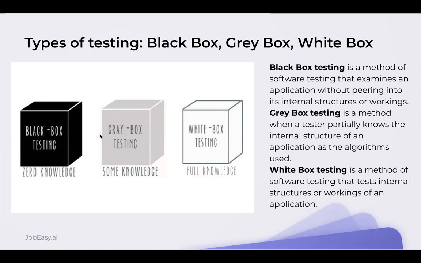So gray box testing is when you have some knowledge about the internal structure of the application or its algorithms, and you can actually use it in order to test things. Now, white box testing, or some people call it clear box testing. This is when we actually know everything about the internal structure. We know it to the point where we can even see the code written and we can write tests for certain functions in the code.